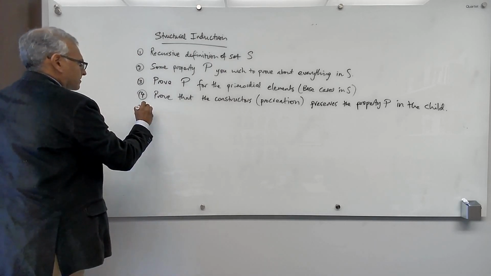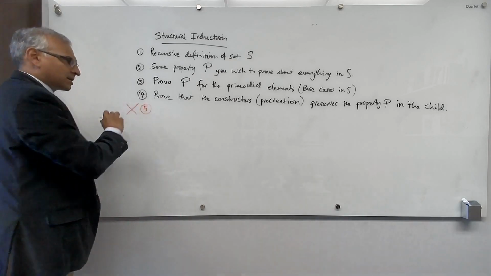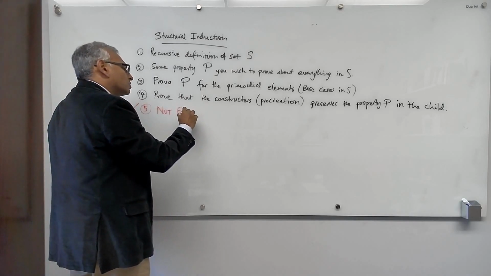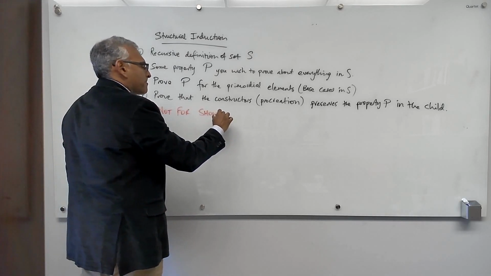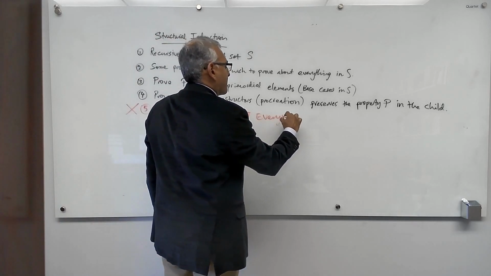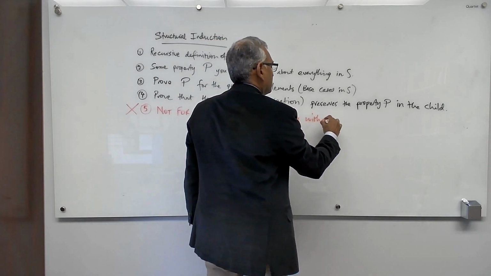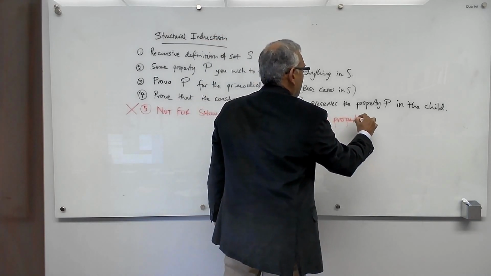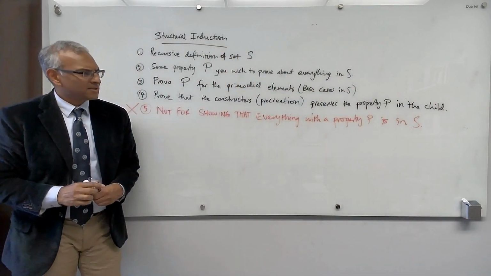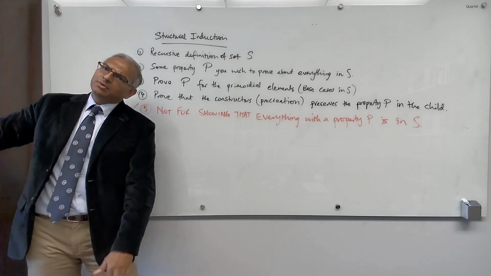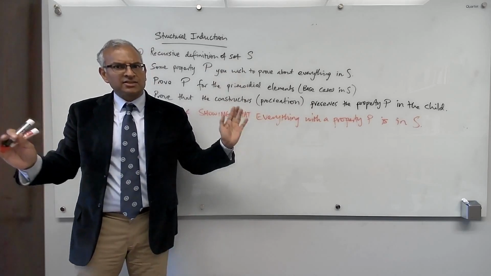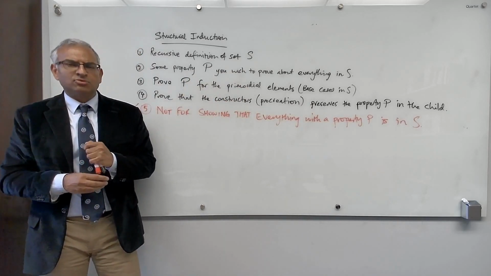Important. I'll put it in red, and I'll put a big check mark. Structural induction is not for showing that everything with a property P is in S. It's not for showing that everything with some property is in S. You need other techniques, like the well-ordering principle, and usually more sophisticated arguments.